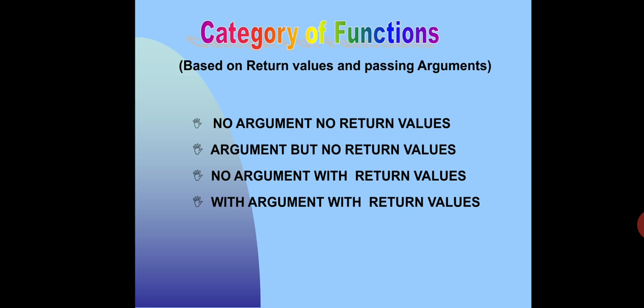The fourth one is with arguments and with return values. So there are four types of functions. First we can take no argument, no return values.